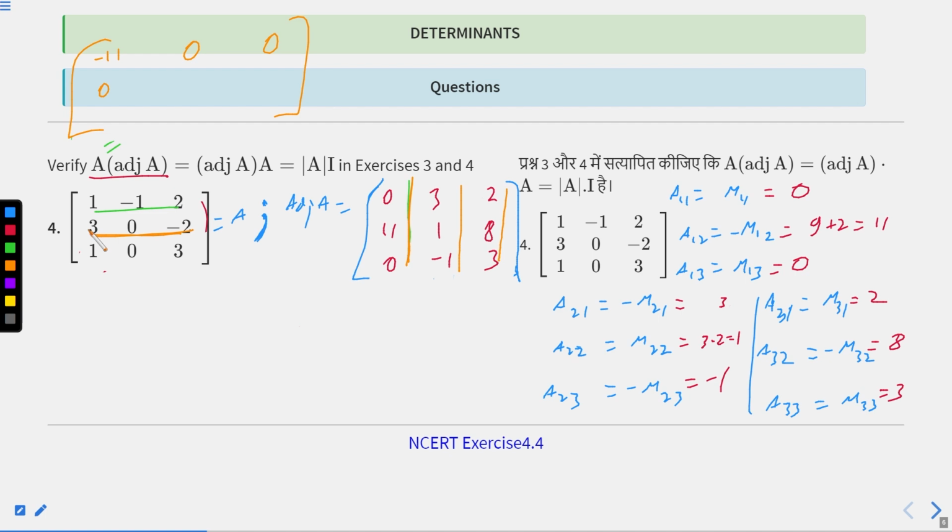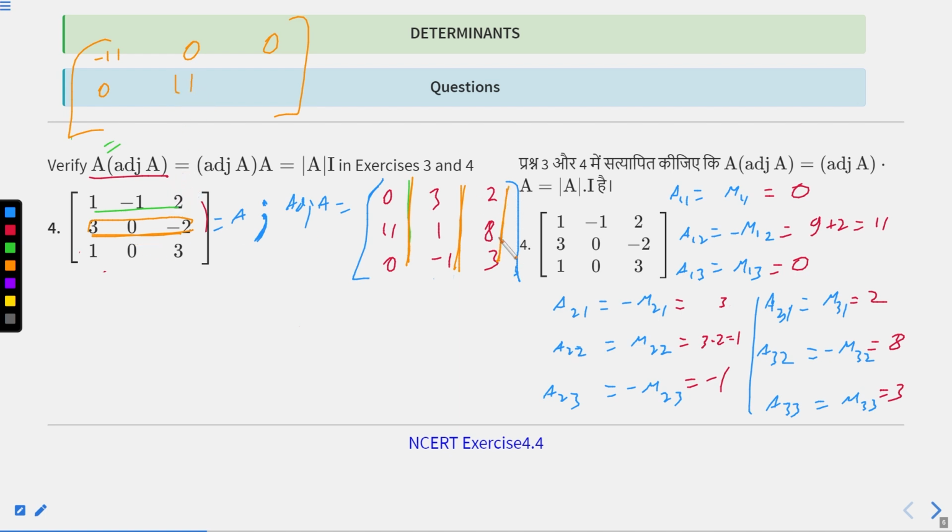Now this going to multiply with this: 9 0 and plus 2. This will be 11.